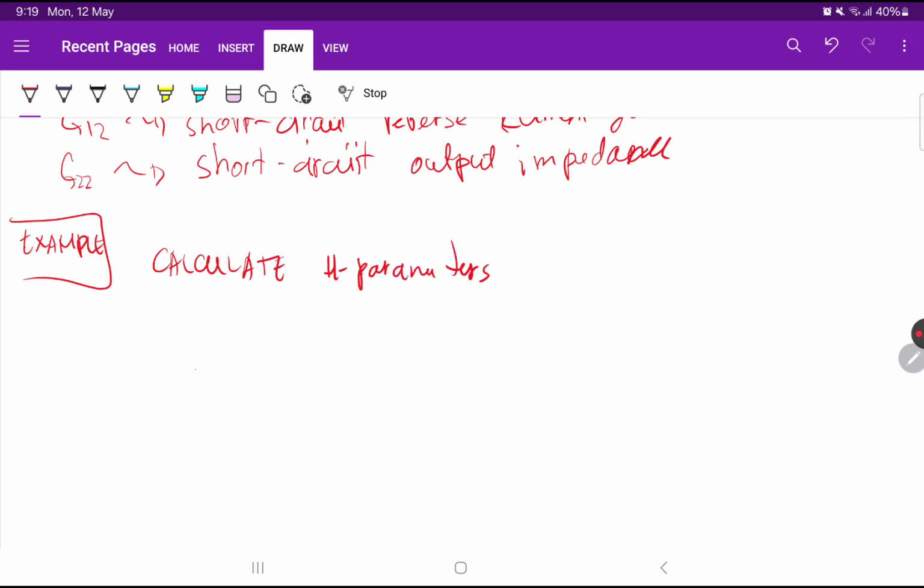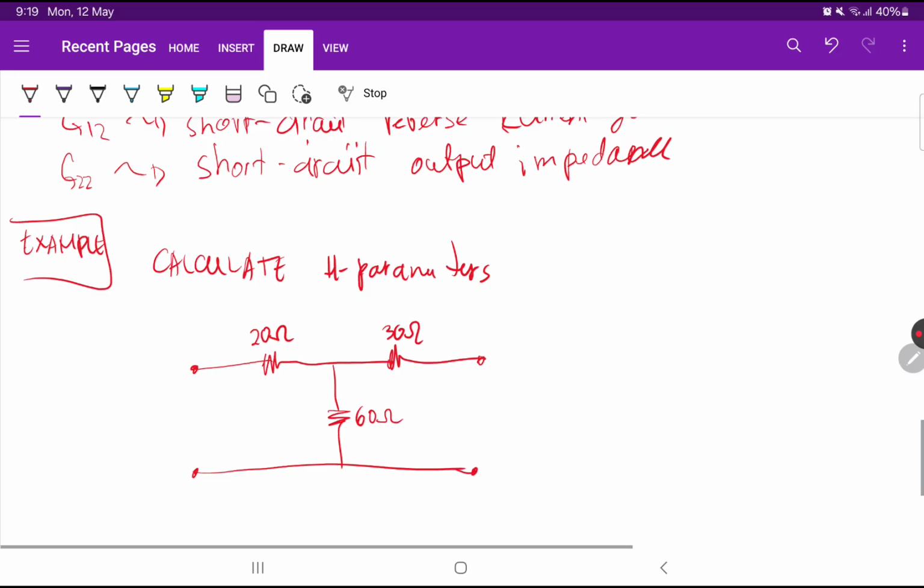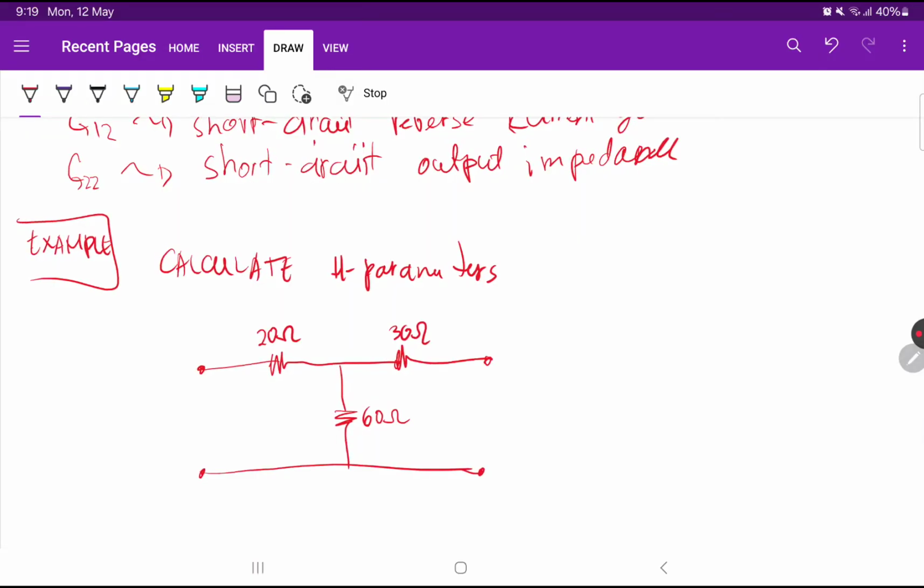Let's take a T-network circuit with values 20 ohms, 30 ohms, and 60 ohms. So this is our input side, and we have an output side. So we need to calculate our H parameters for this T network.